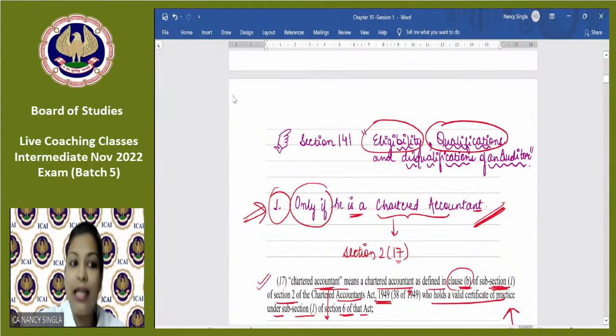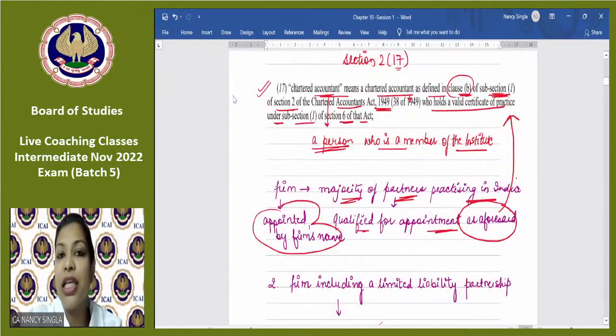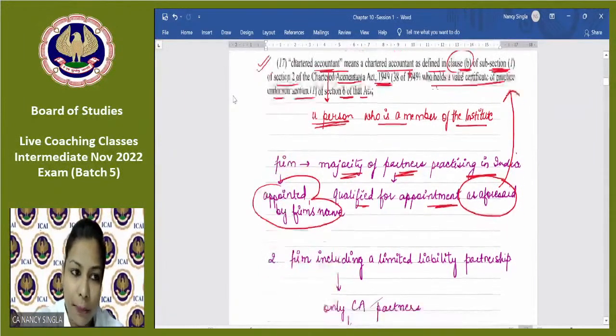Can you relate this subsection 1 to these 2 points? Only if he is a chartered accountant, and a firm can be appointed as an auditor in the name of the firm if the majority of the partners practicing in India are qualified for appointment as aforesaid, that is, the majority of the partners are also chartered accountants.